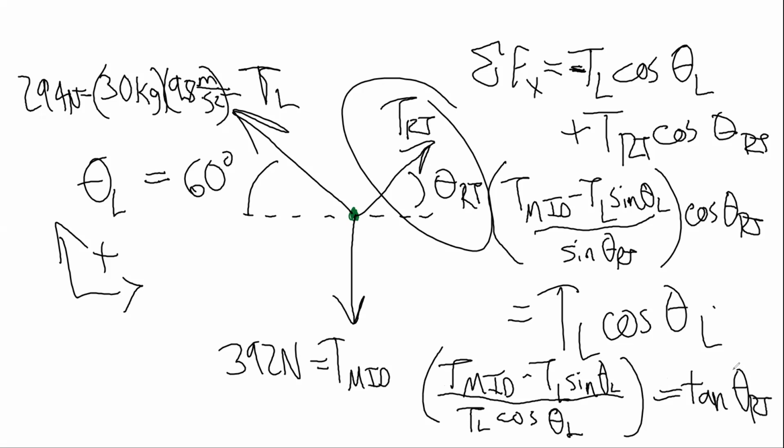Something like that. So if I just take the arc tangent of everything on the left, I'll get my angle theta RT.